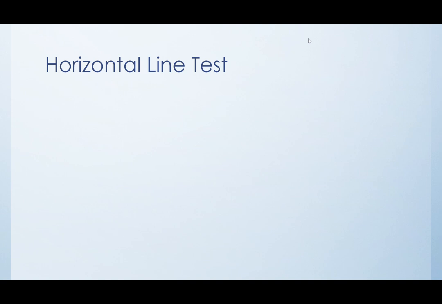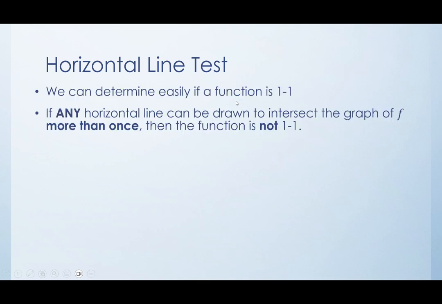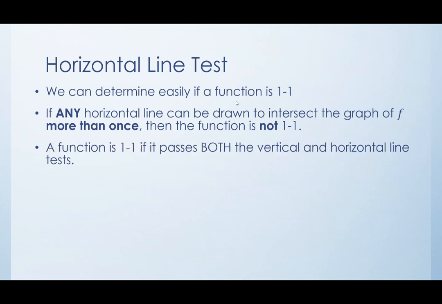But there's a much easier option, and that is the horizontal line test. So we can determine easily if a function is one-to-one by looking at whether or not there's any horizontal line that can be drawn that intersects the graph of f of x more than once. If it can, it is not one-to-one. So this is like the vertical line test, but horizontal.